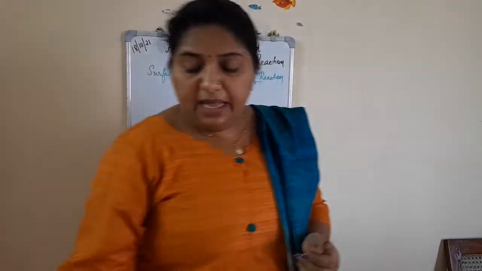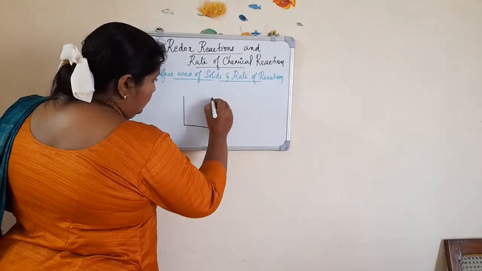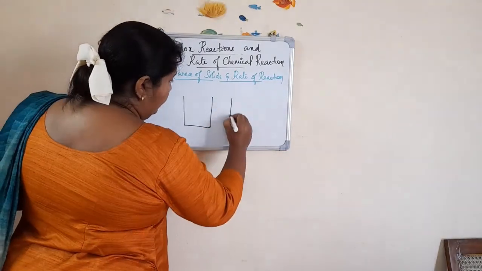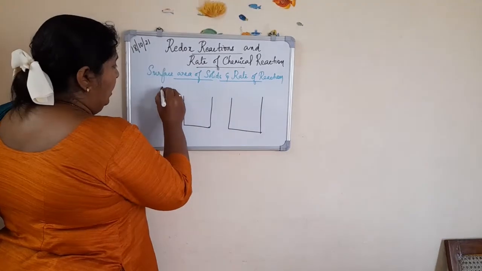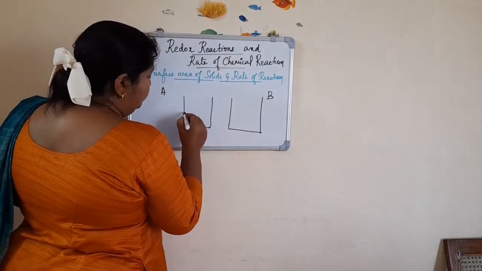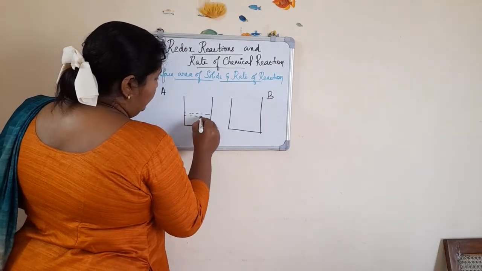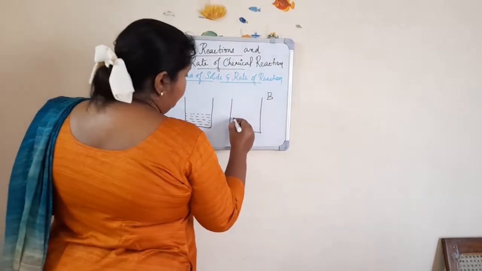So for this, I am taking 2 beakers, beaker A and beaker B. In both these beakers, I have taken dilute HCl.